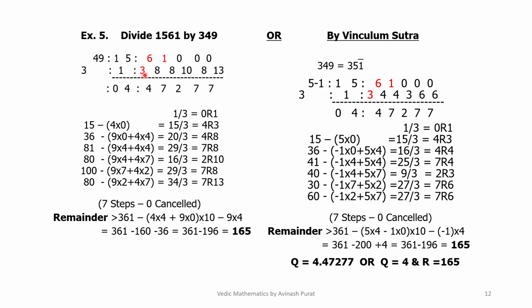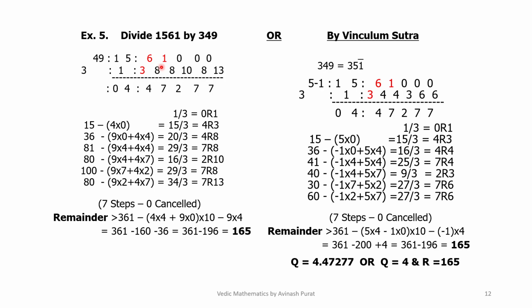remainder 3. Now 36 is the dividend minus 9 into 0 plus 4 into 4, that is 36 minus 16 is 20 by 3, so 4 remainder 8.